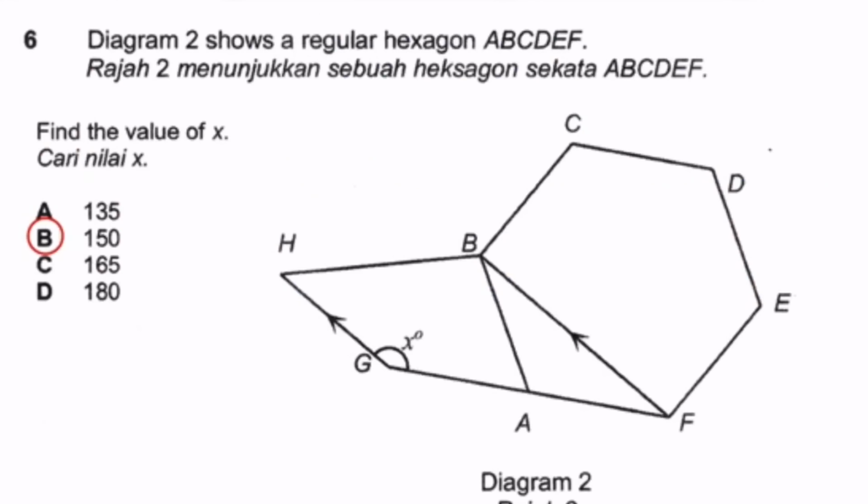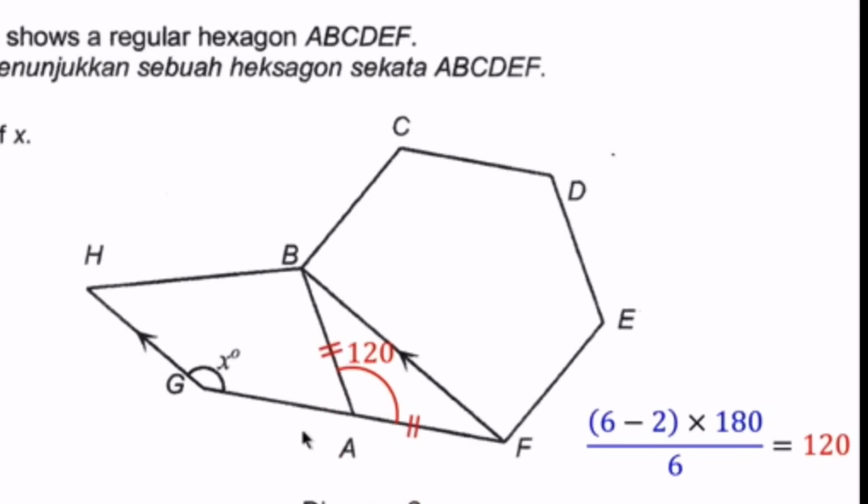Now let's have a look at question number 6. This is actually basic content from Form 1 to Form 3. You're given a regular hexagon. Basically you should know the interior angle, one interior angle of the hexagon, is given by the formula (n minus 2) times 180 divided by the number of sides, isn't it?